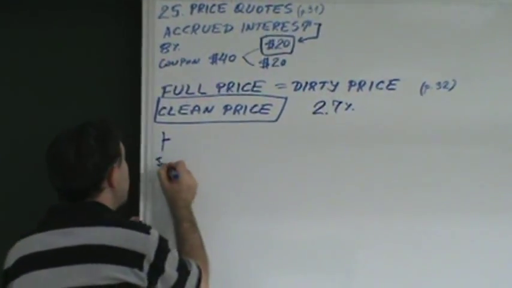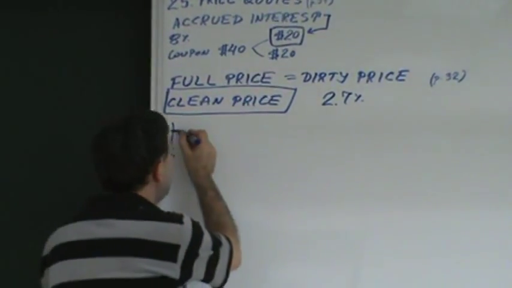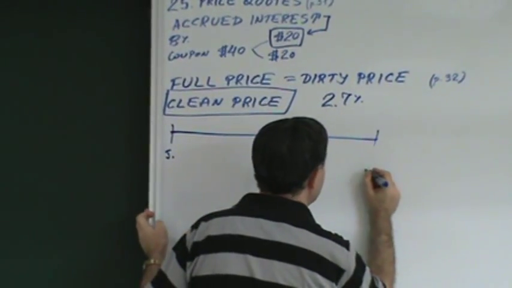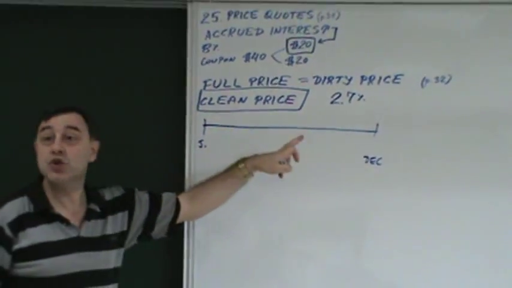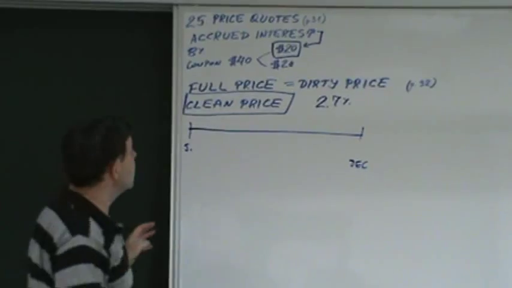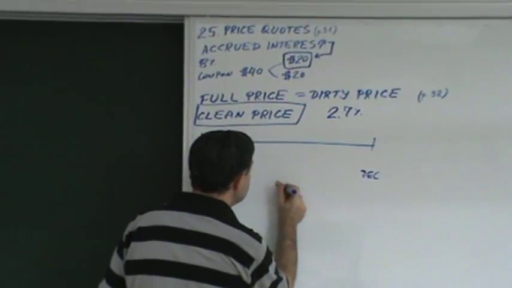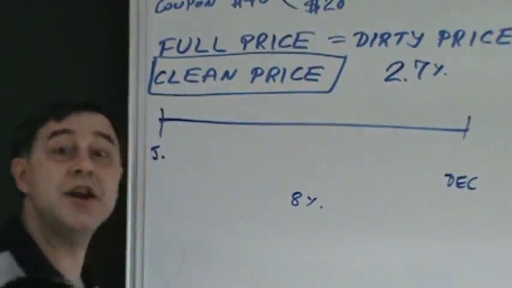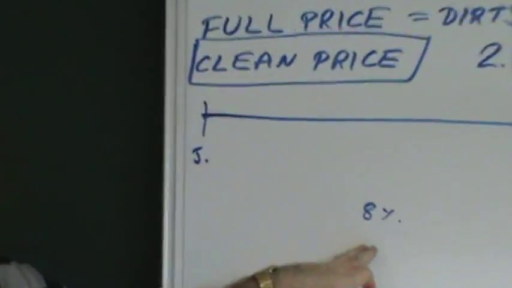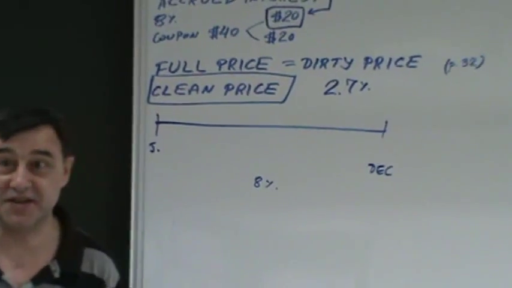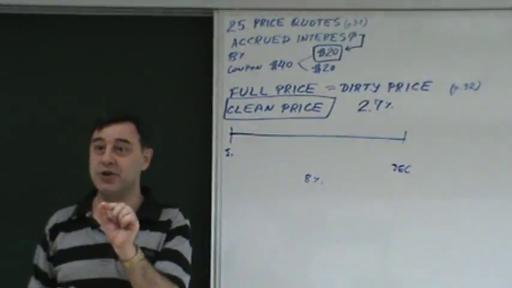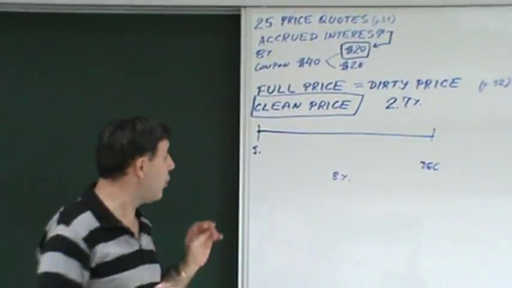You got January all the way to December 31st, which is 12 months. And for 12 months, the bond is paying annual, I repeat, annual, 8%. If it's paying 8% annual, this means that the semi-annual is for half a year, 4%.